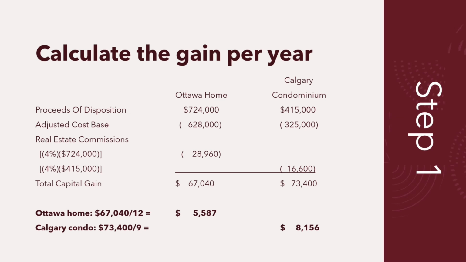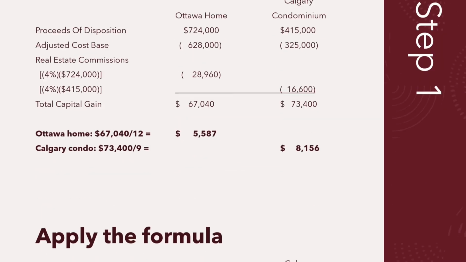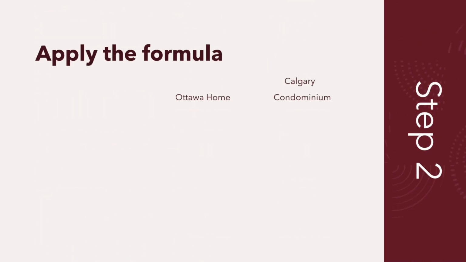And we can use the 1 plus in the formula from ITA 40 subsection 2 paragraph B to our advantage. Let's take a look at how we would apply the formula. We start off with our total capital gain for each property. Then we apply the portion of the formula, which essentially is the exemption.